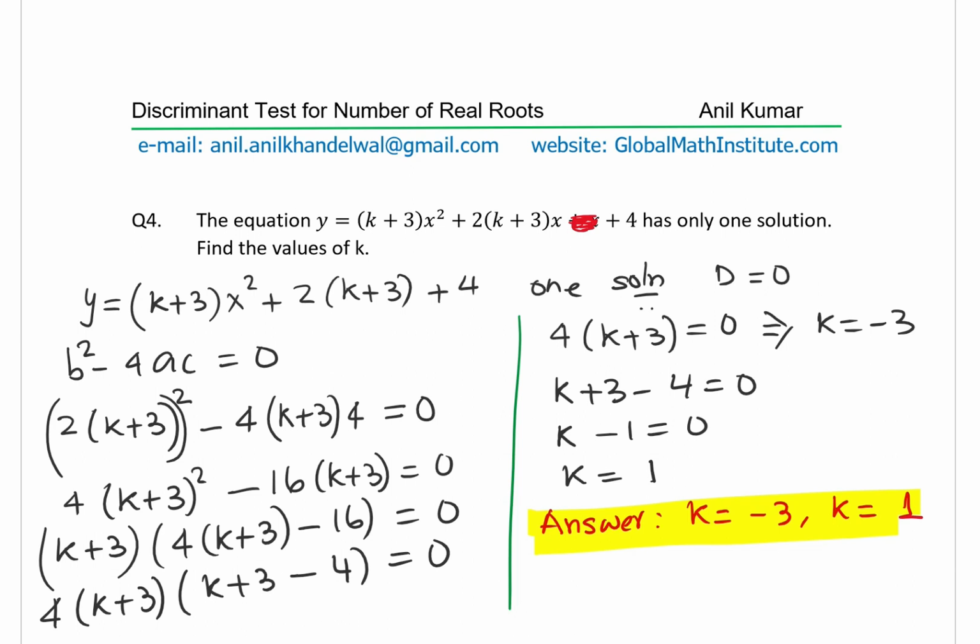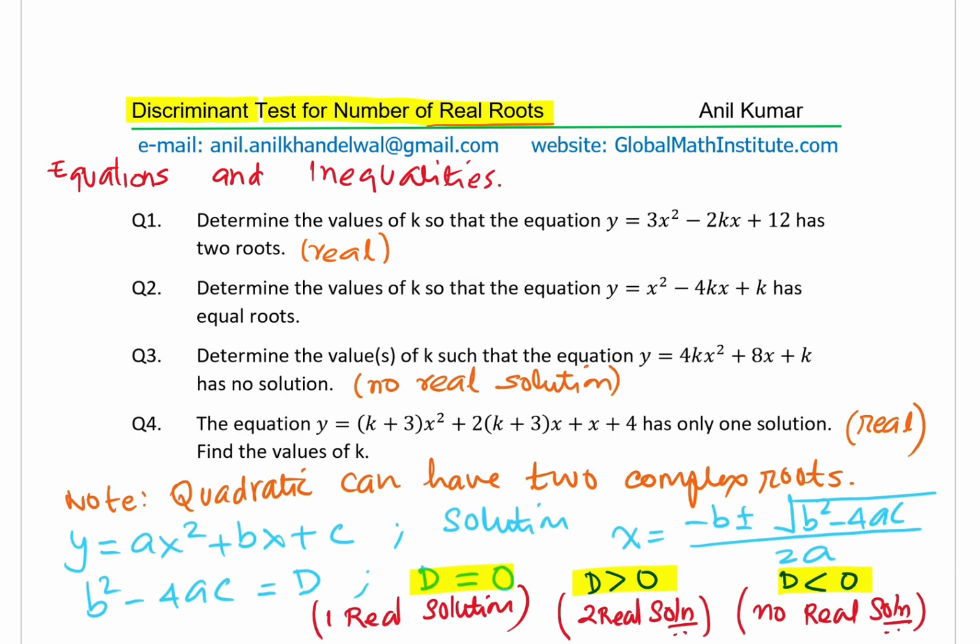So with that, we come to an end of our solutions. We began with the four quadratic equations. In this case, we are working in the set of real numbers, right?